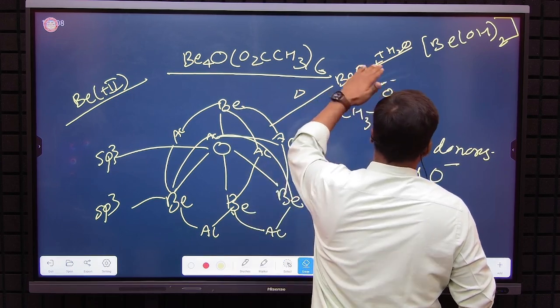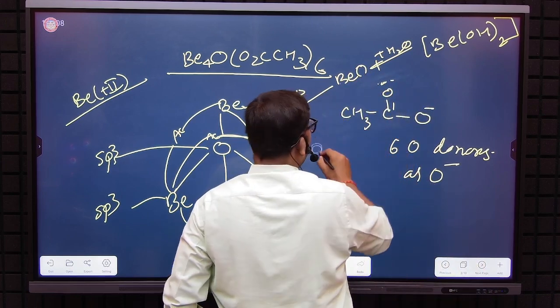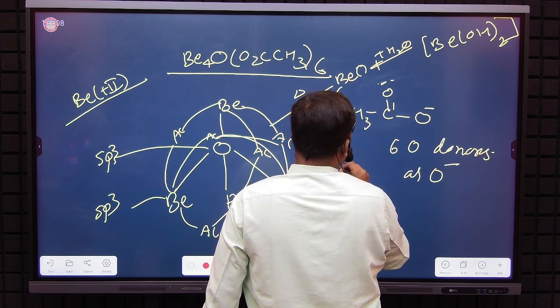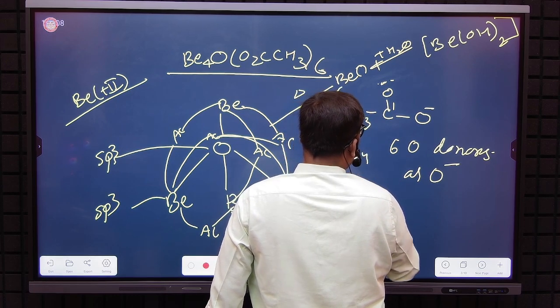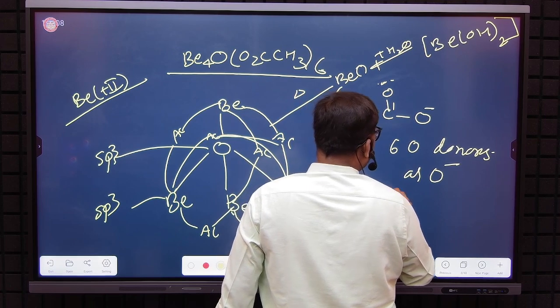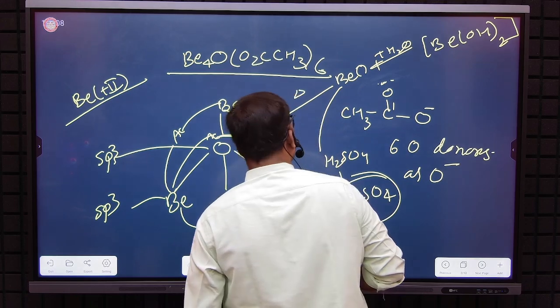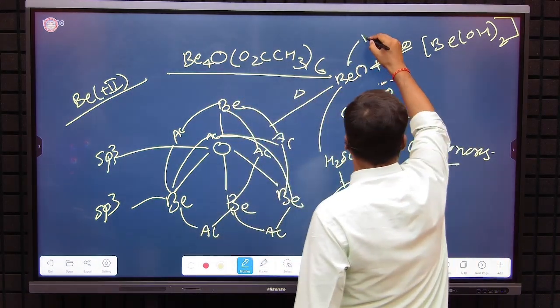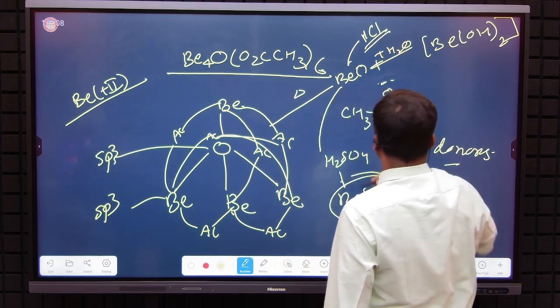Once this beryllium oxide reacts with H2SO4, it forms BeSO4, that is beryllium sulfate. And if this reacts with HCl, then it forms beryllium chloride.